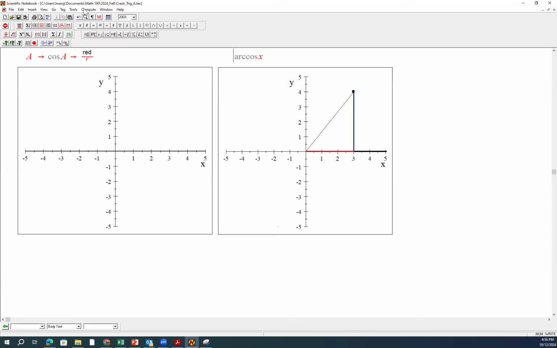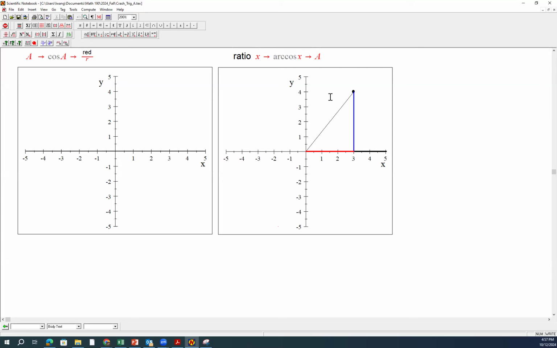Arc cosine, however, takes ratio between -1 and +1, which are exactly the range of sine, a range of a cosine as well. So the ratio will be the input. It produces angles.